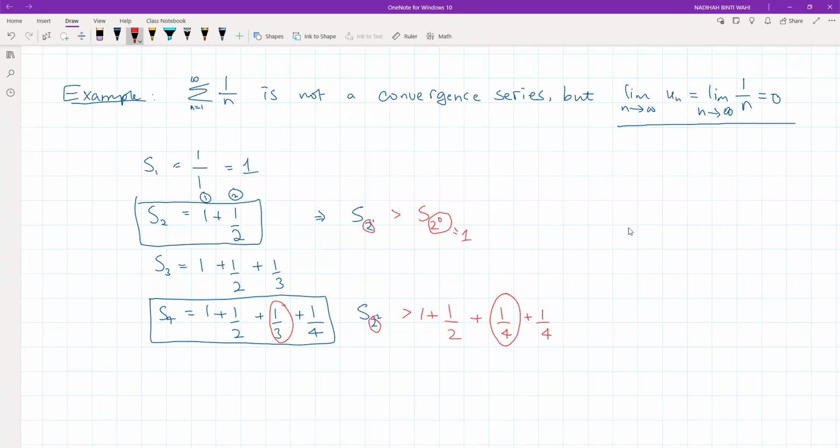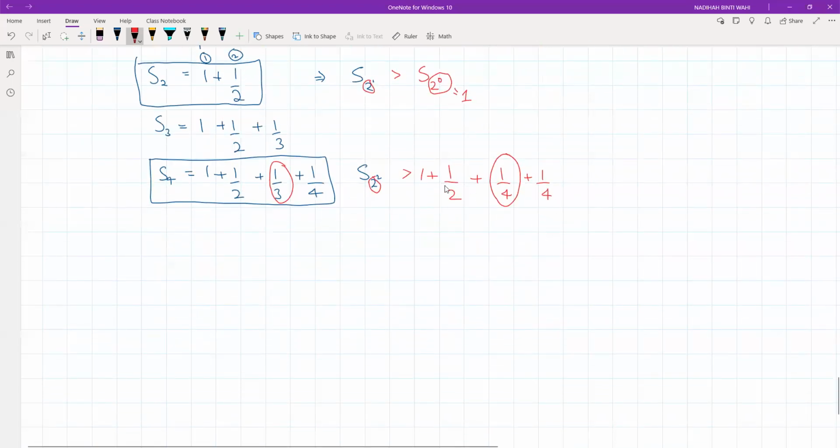Okay, so if I work out the right hand side, S of 4 is bigger than, simplifying, 1 plus 1 half plus 1 over 4 plus 1 over 4, which is 1 over 2. Do you see this?